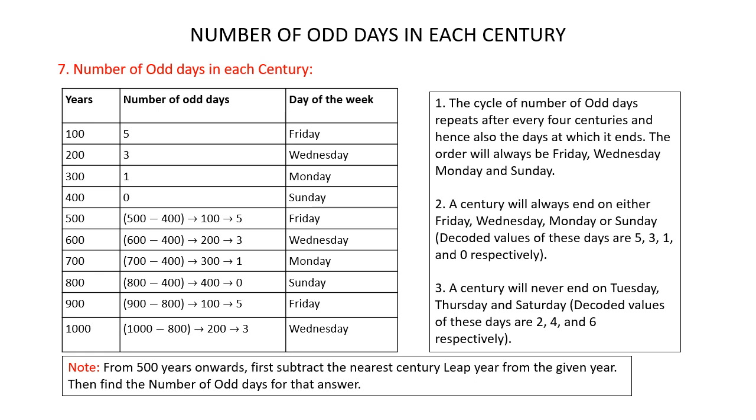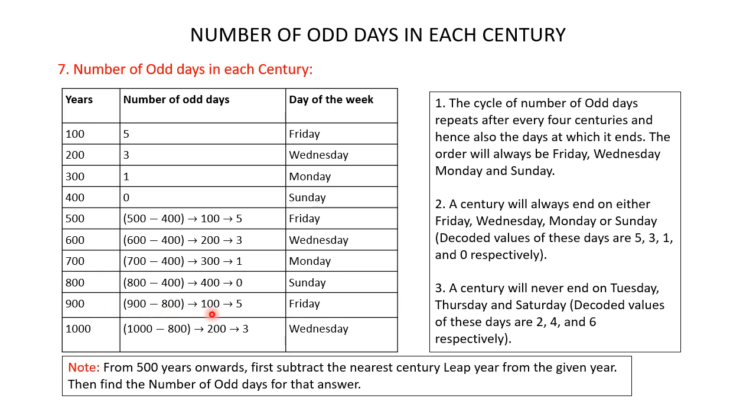Now when we come to 900 years, the nearest century leap year for 900 years would be 800 years. So when we have to find the number of odd days for 900 years, we have to subtract 800 from 900. So 900 minus 800 is 100.